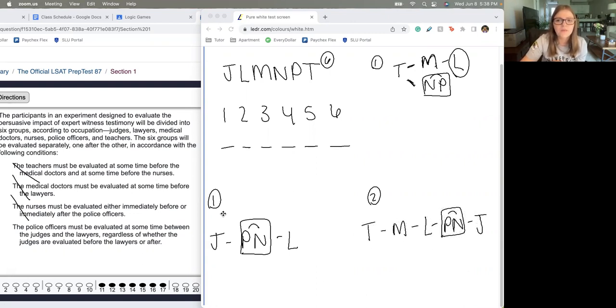And that's really all that we have to do, because technically this box right here is now pushed off further. So again, thinking about that stretchy rubber band or stretchy chain, we've just stretched this box further away from T. So we're still following the rule that T is before N and P, but we've just stretched it further away than we have it written up here. Does that make sense to people?